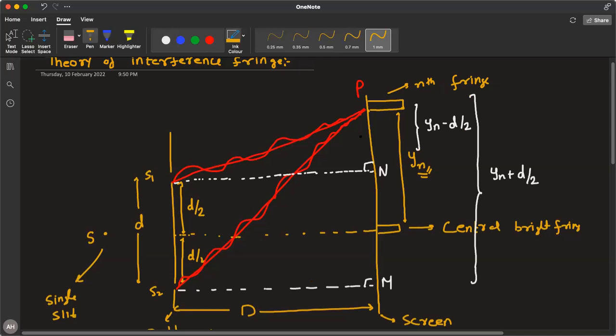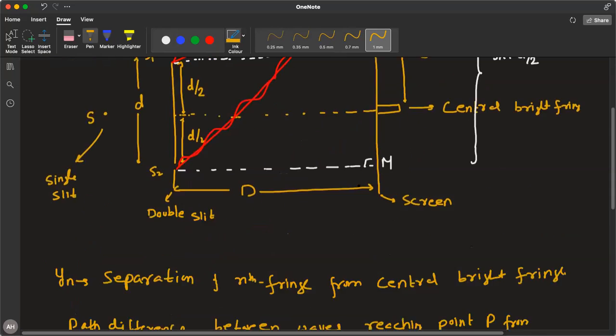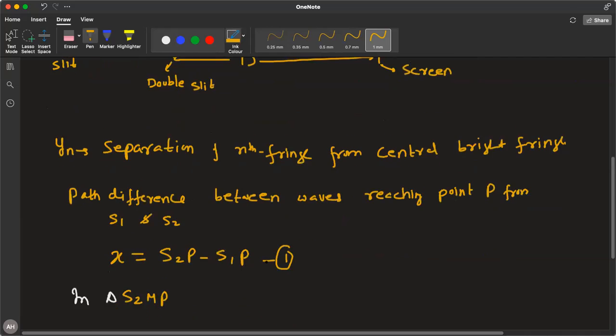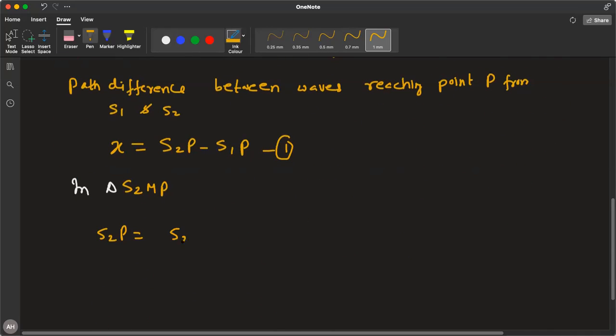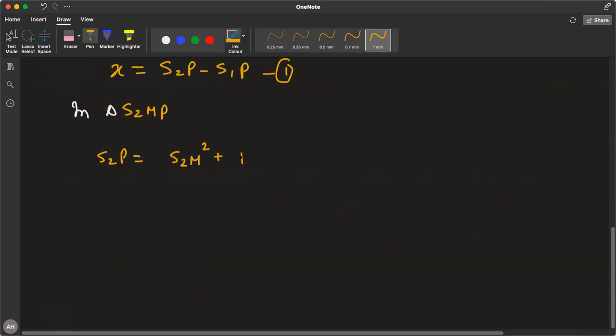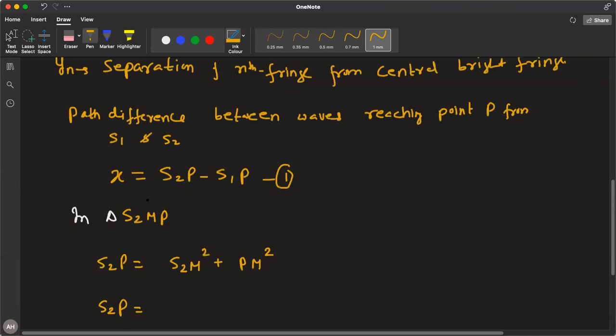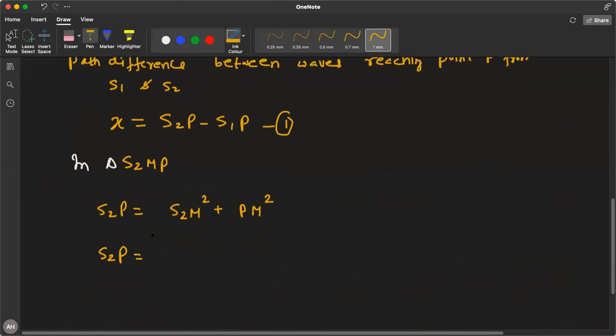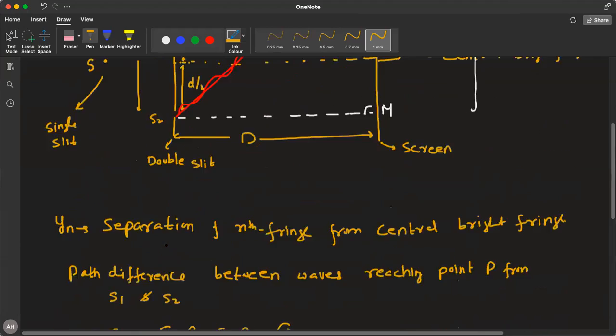It's base square plus perpendicular square. So you can write S2P squared as S2M squared plus PM squared. S2M is capital D squared.